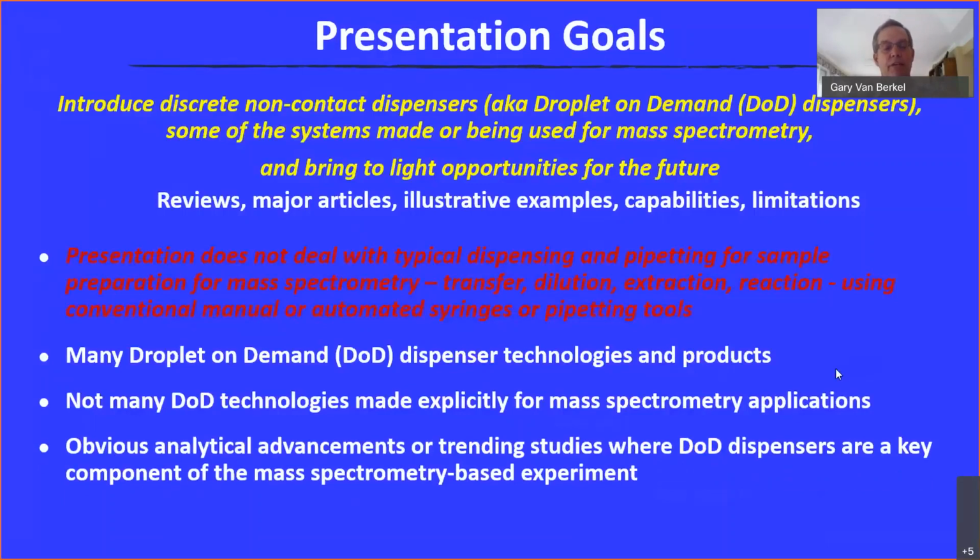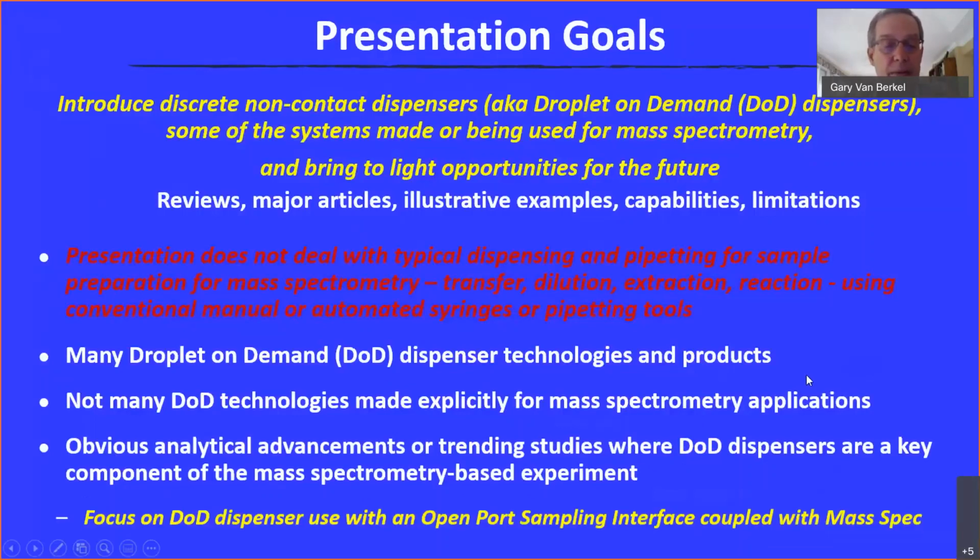So what I put together are some obvious analytical advancements in this area and trends related to these droplet on-demand dispensers for mass spectrometry. Today, because of limited time, I'm only going to talk about the droplet on-demand dispensers used with an open port sampling interface coupled with mass spectrometry. For those of you that are more interested in these other details that I'll overview, you can go to Shivo and you'll see a link at the end, and they have the full presentation with all of those details available for those that are interested.